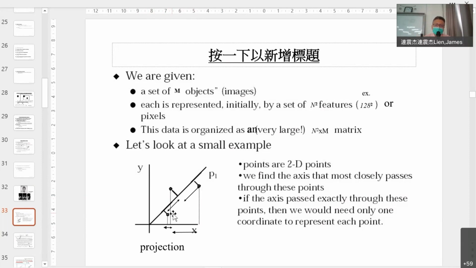If we project to the x-axis, what's the distance? The distance is closer, meaning you cannot easily separate them. So both are not easy to discriminate, and this one is easy.